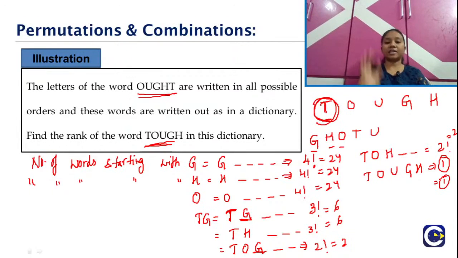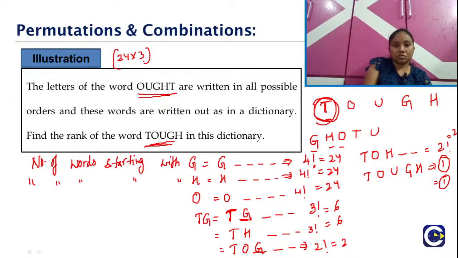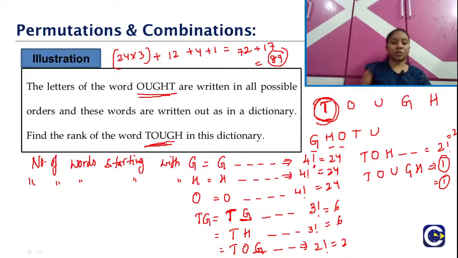So the rank of this word TOUGH is nothing but 24 into 3 plus 6 into 2, that is 12, plus 2 into 2, 4, plus 1, which is 72 plus 17, which is equal to 89. So the rank of this word TOUGH according to the dictionary is equal to 89.